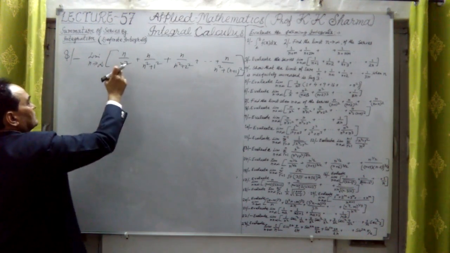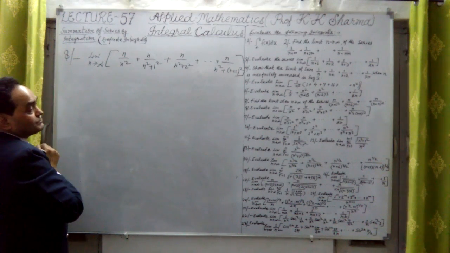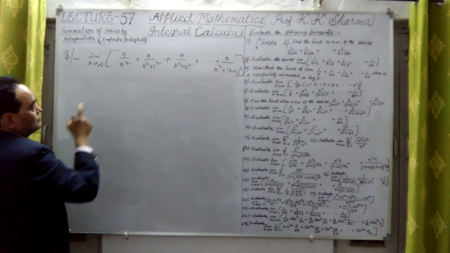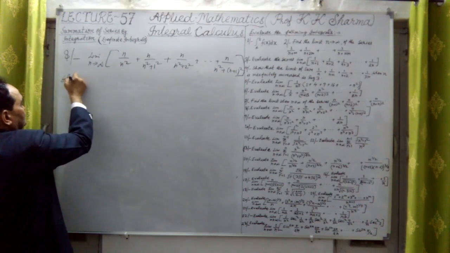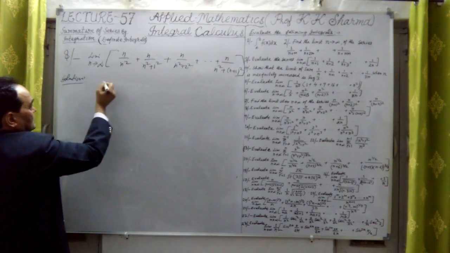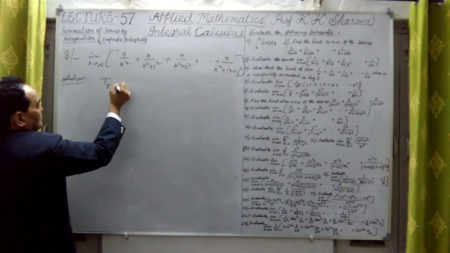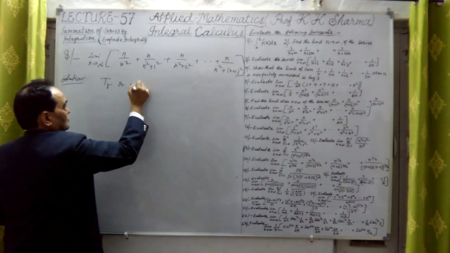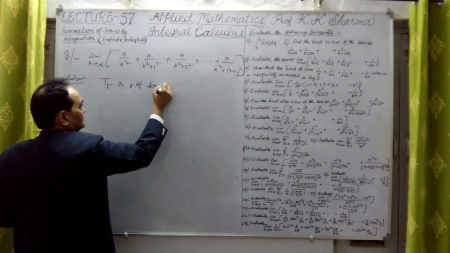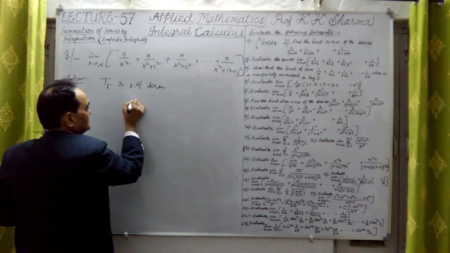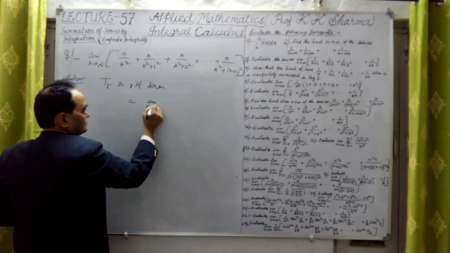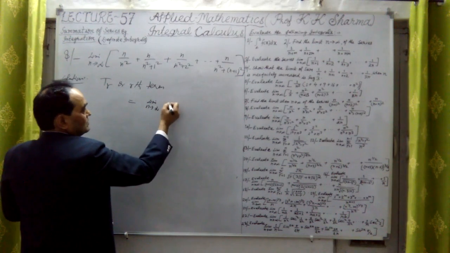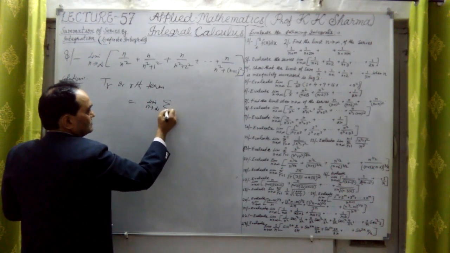Now let me take the rth term in the solution. The rth term of this series: we always write limit n tends to infinity, with the sign of summation.